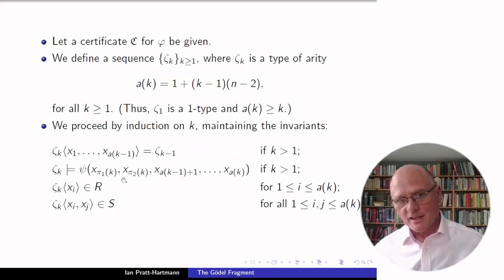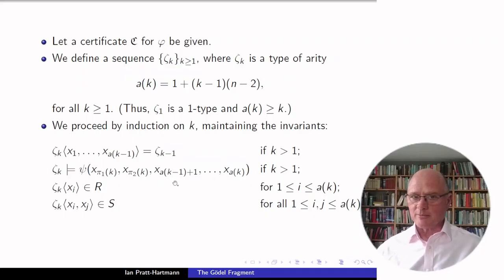And so it says that if you take x pi 1 of k and then x pi 2 of k, and then complete with the final variables, then that tuple of variables will, according to the type zeta k, satisfy psi. So there are n variables here in total.